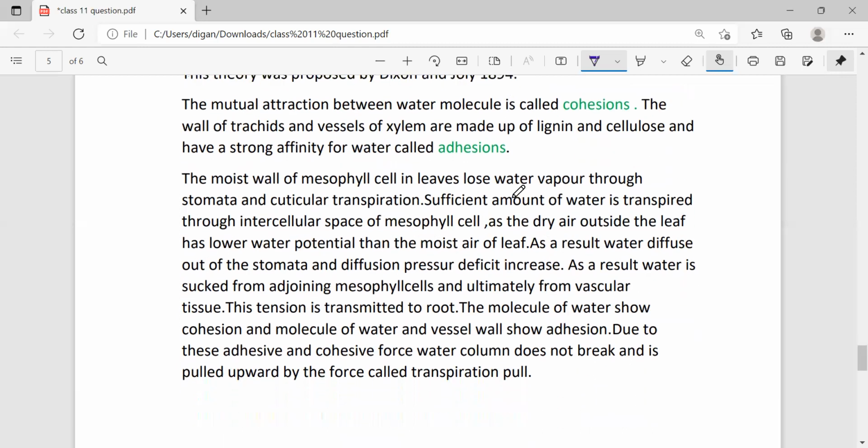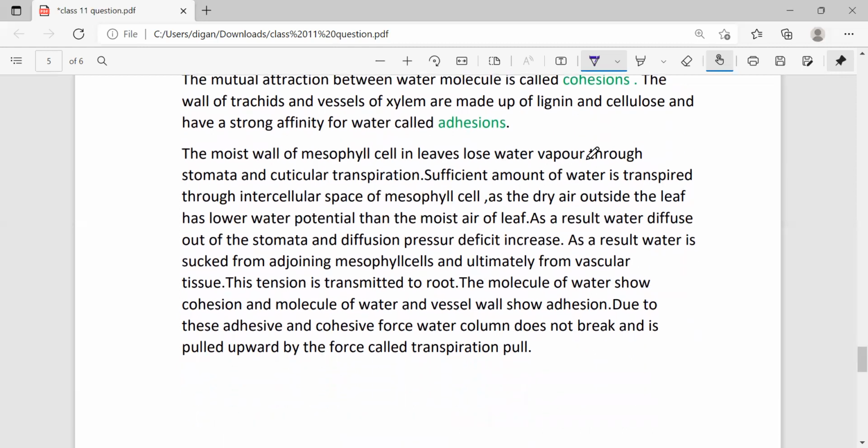The moist walls of mesophyll cells in leaves lose water vapor through the stomata and cuticular transpiration. Then sufficient water is transpired through the intercellular spaces of mesophyll cells, and as the dry air is outside, the leaf has lower water potential than the moist air of the leaf. As a result, water diffuses out of the stomata and the diffusion pressure deficit increases.